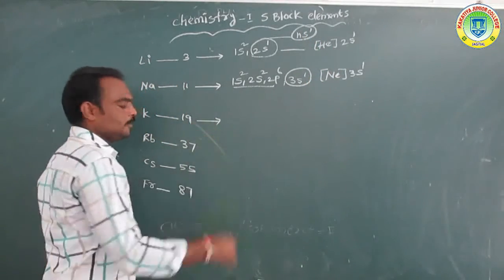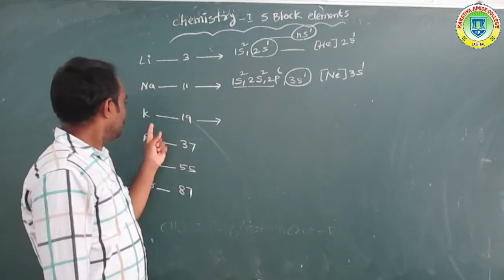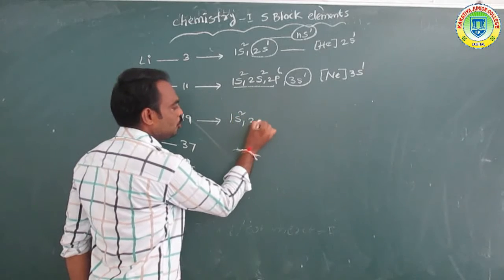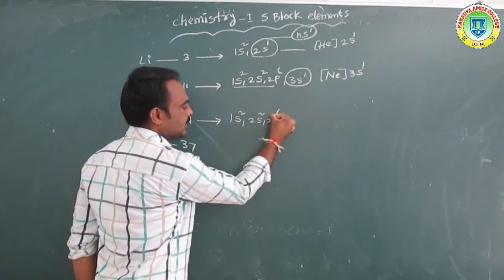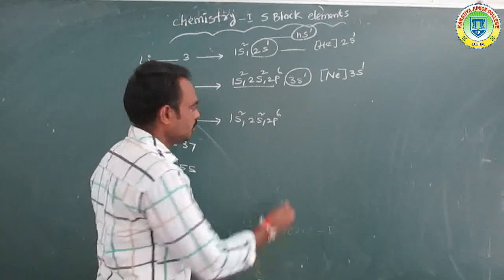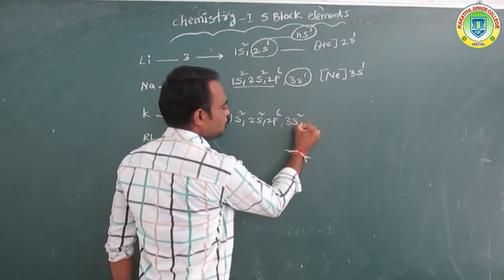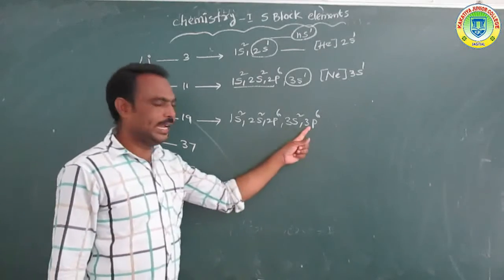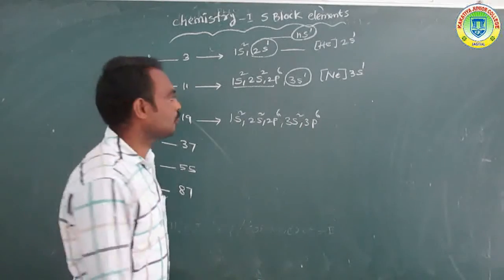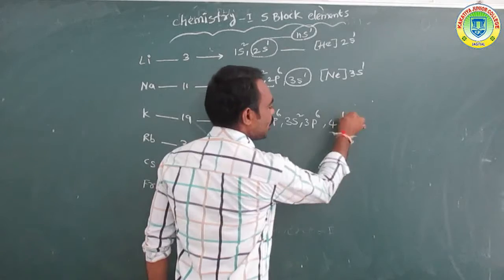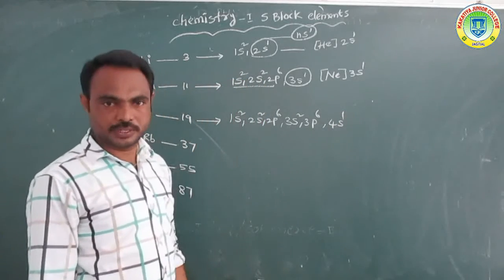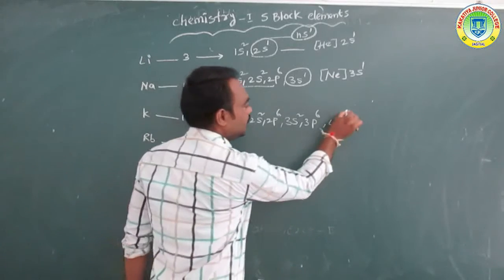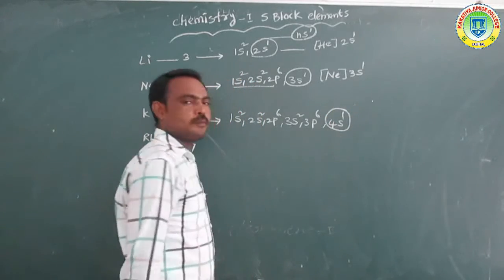Next, potassium: 1s2, 2s2, 2p6, 10 electrons, 3s2, 3p6, 8, total 18 electrons. Next comes 4s1, ending with 4s1.